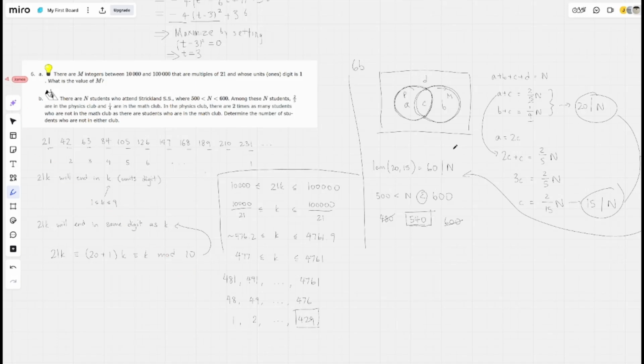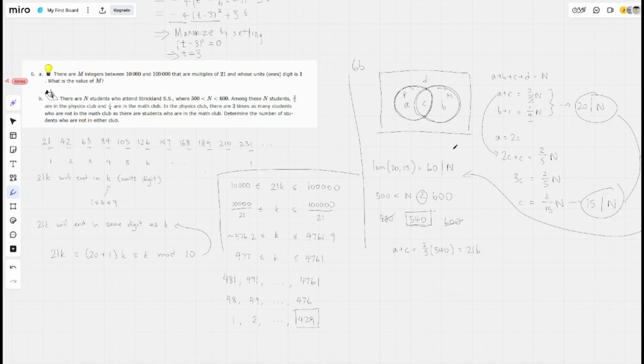Now, this is not what the question is asking for. It's asking for the number of students who are not in either club. So we still need to actually solve these equations to figure out what D is. Now that we know what n is, we can rewrite our two equations above. We have that A plus C is equal to 2/5 times 540, which is equal to 216.